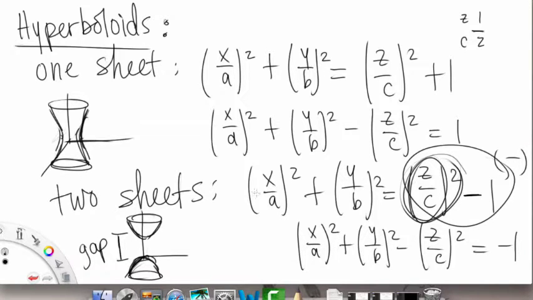But as we see, the left side is always going to be non-negative because we have two quantities squared being added to each other. So the left side is always positive, and the equation doesn't work out. So that's why we have this gap when the absolute value of z is less than the absolute value of c, okay? So that's why the gap is there.